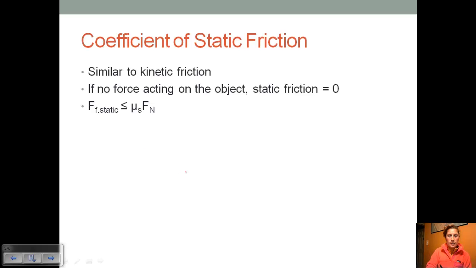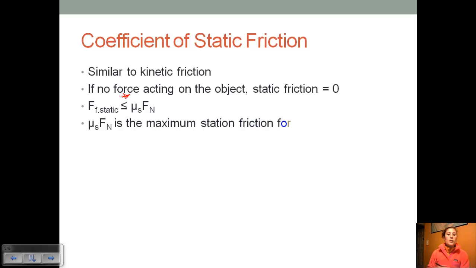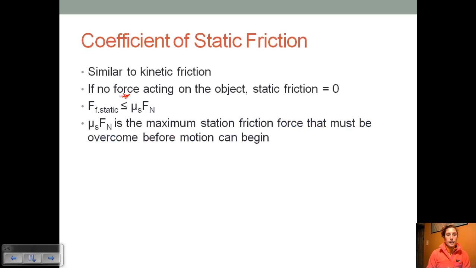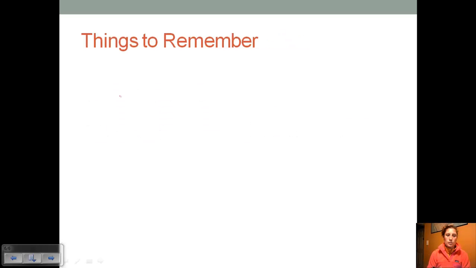But here, instead of an equal sign, we have a less than or equal sign, because when we're applying static friction, that's the force before it starts moving. That's basically the minimum amount of force to get an object to move. And then at that point, we're overcoming kinetic friction to keep it moving. So mu sub s times F sub n is the maximum static friction force that must be overcome before motion can begin. And that's why it's a less than or equal to sign.